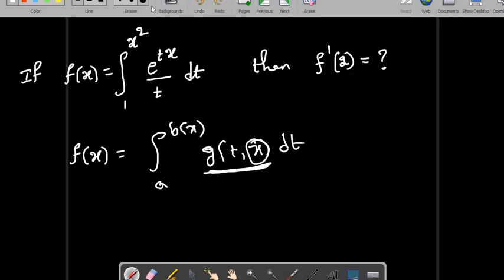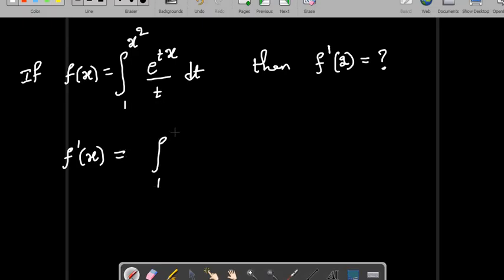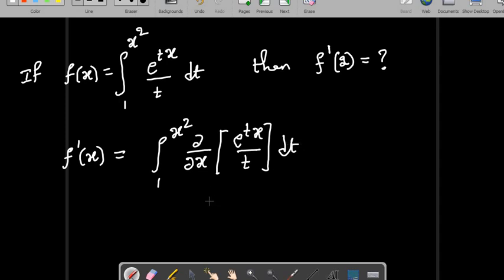So first let us find the derivative using Leibniz rule. What is f dash of x using Leibniz rule? First you write the limits as they are. You need to differentiate the inside expression with respect to x, so that is the derivative of e power tx over t with respect to x into dt.